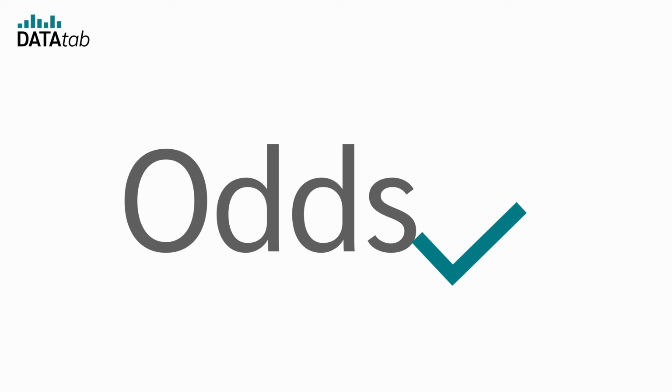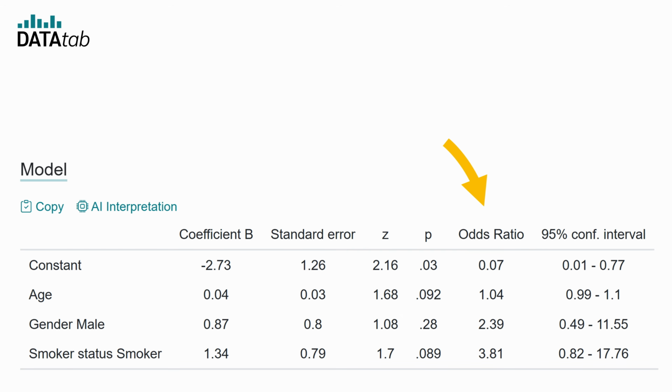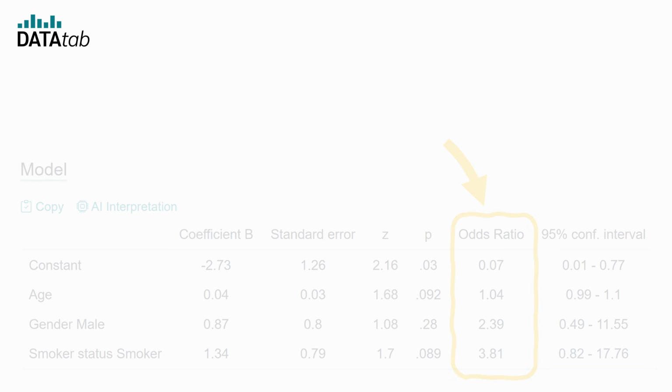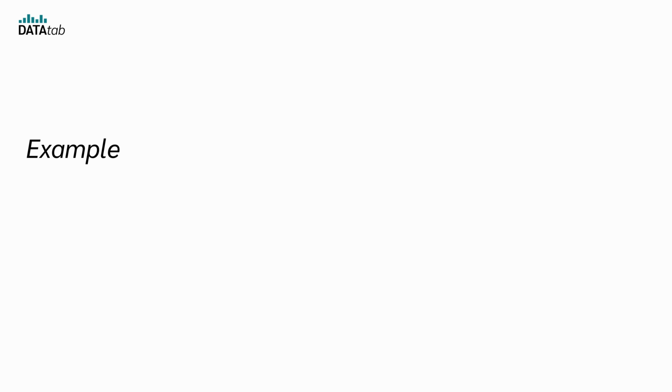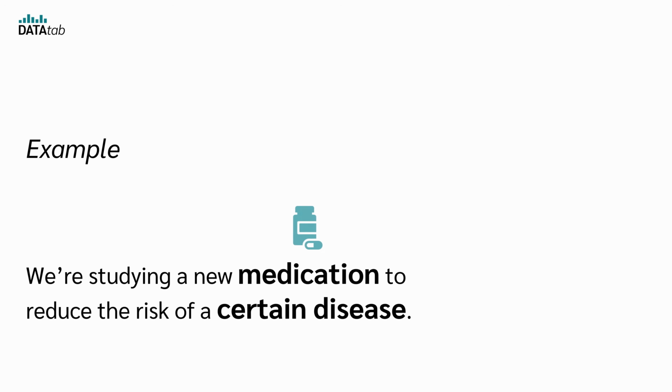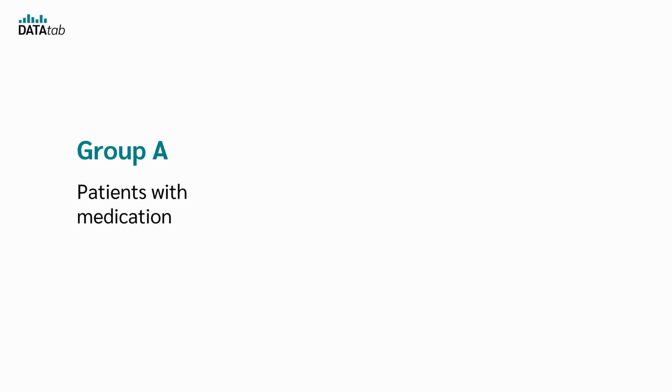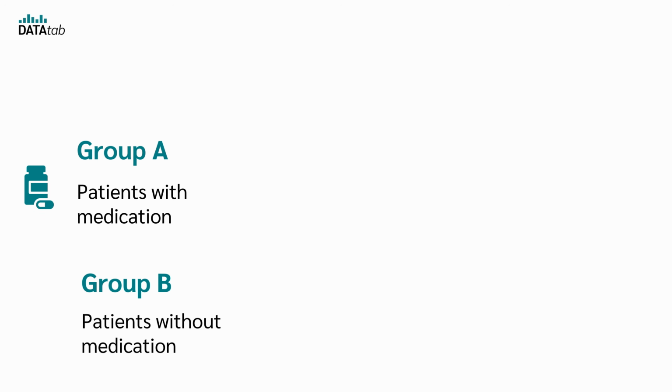Alright, now that we understand odds, let's talk about odds ratios. So what are odds ratios? Let's look at the example from the beginning. We are studying a new medication to reduce the risk of a certain disease. So we have a group A, patients with medication, and a group B, patients without medication. Let's say in group A we calculated a probability of 60% or 0.6 of getting diseased.